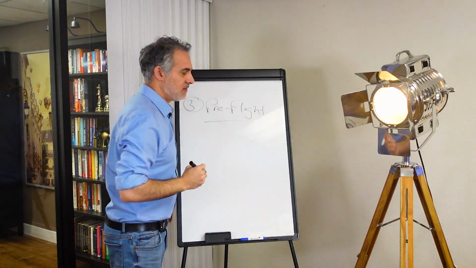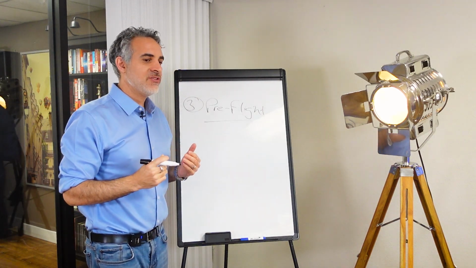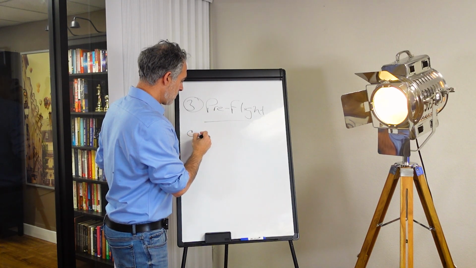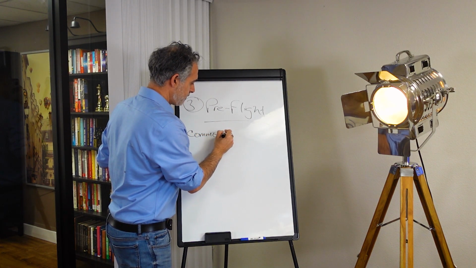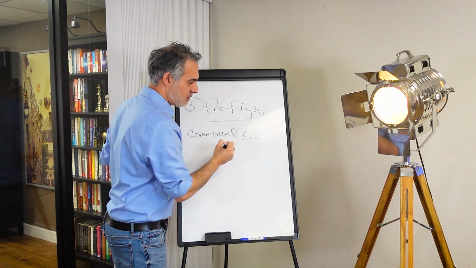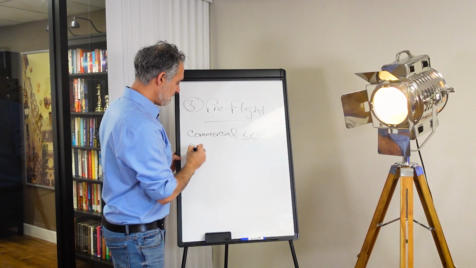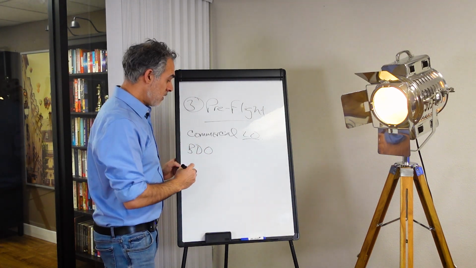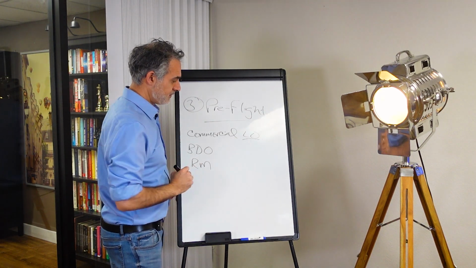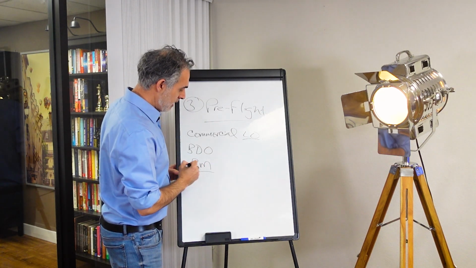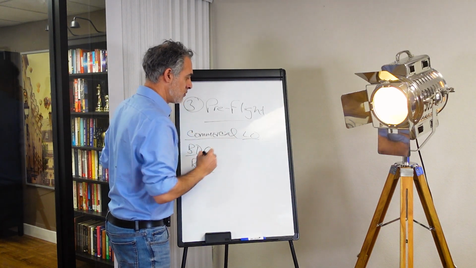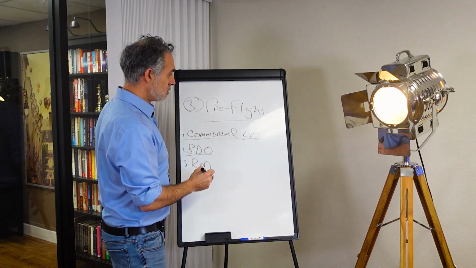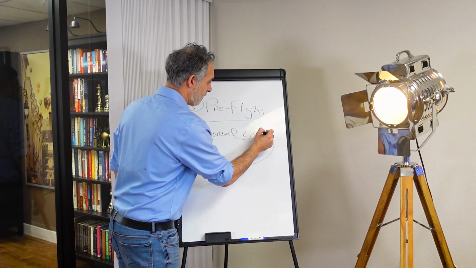Pre-flight is basically you having an established relationship with either a commercial LO, loan officer, or a business development officer, the BDO, or a relationship manager. So it's called an RM, relationship manager, business development officer, or a commercial loan officer in the bank. One of these guys right here needs to know how to pre-flight a file.